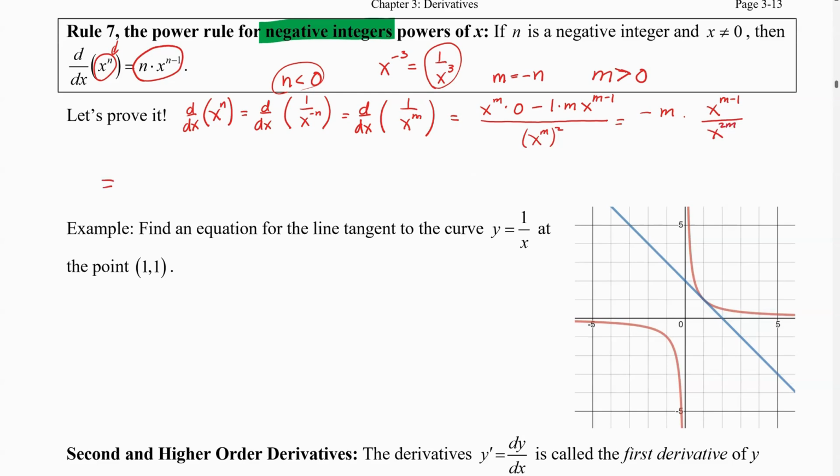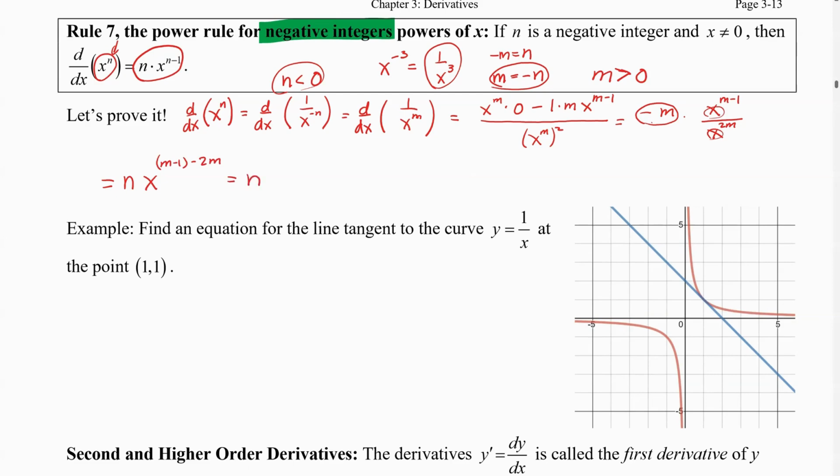That's a mess. Wait. Negative m. But m is negative n. That means negative m is just n. I'm going to replace that negative m with an n. That's one thing. Second thing I'm going to do, I've got two like bases being divided by each other. I can take their exponents, m minus 1, and subtract them, minus 2m.